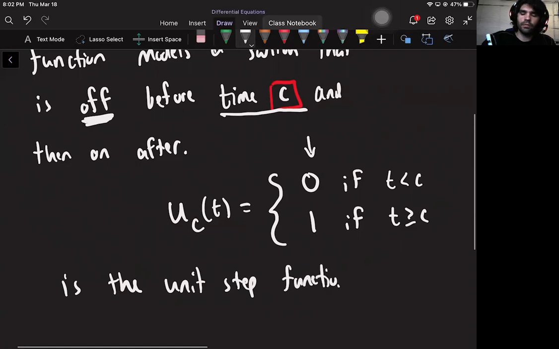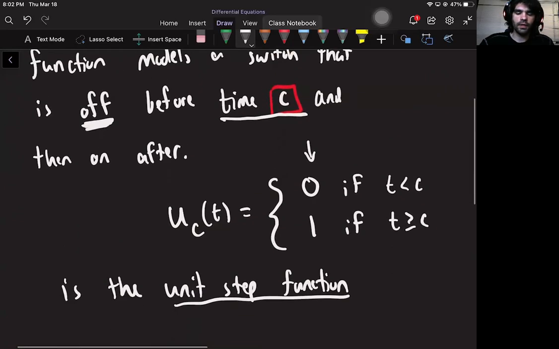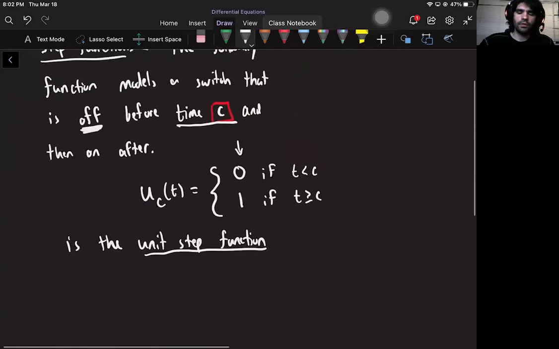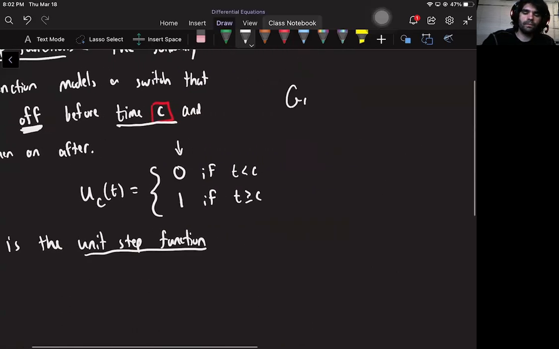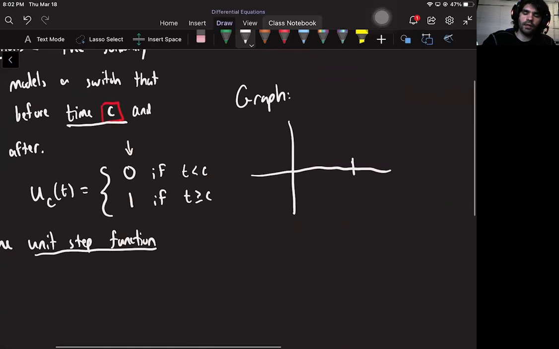And we can use it to build lots of other step functions. So basically, step functions are just functions built from this guy. That's the idea. So what does this thing look like? Not so hard to visualize. There's this time c, and before c, we're really just going to go to 0.